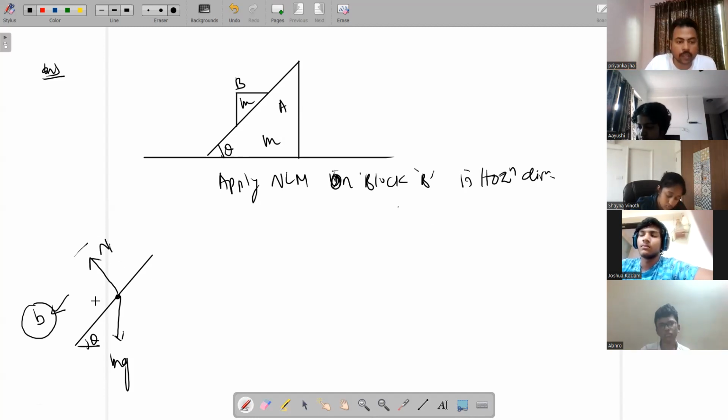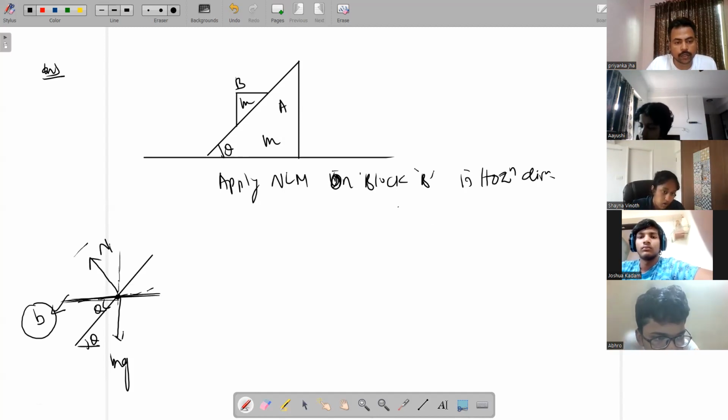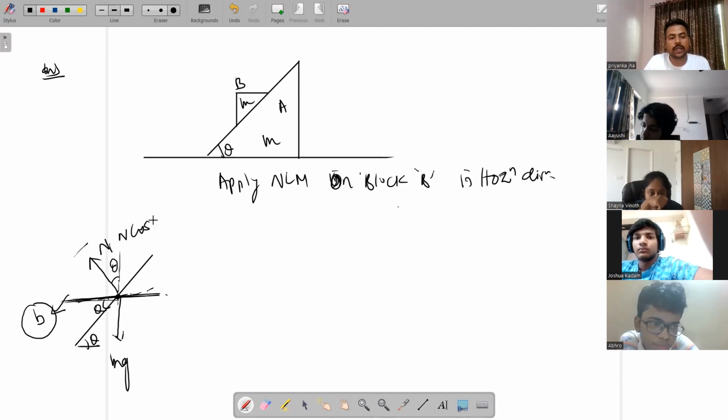Now you can see that this angle is also theta. So this is the vertical component and this is the horizontal component. If this is theta, then this one is 90 minus theta. Now you can see that mg has no component along the horizontal because it is vertical. And we'll have one component along the vertical direction and the other component along the horizontal direction, but that is towards left.